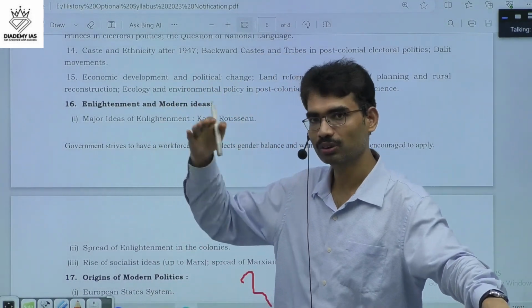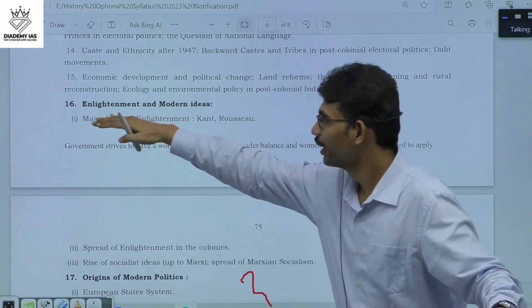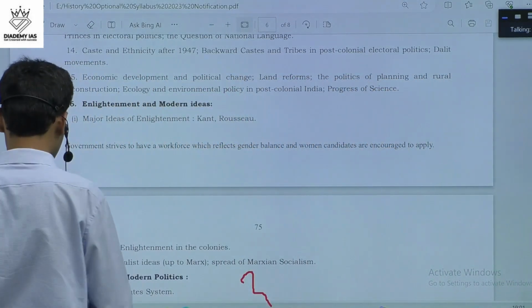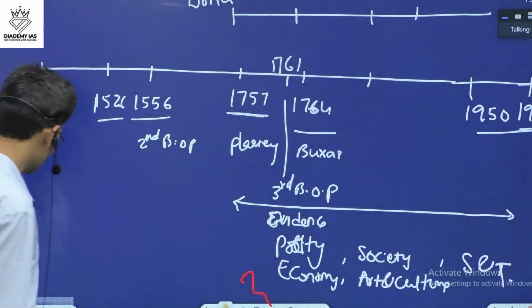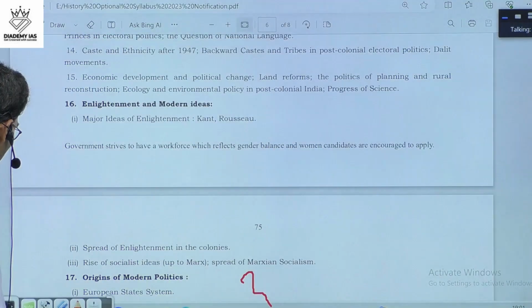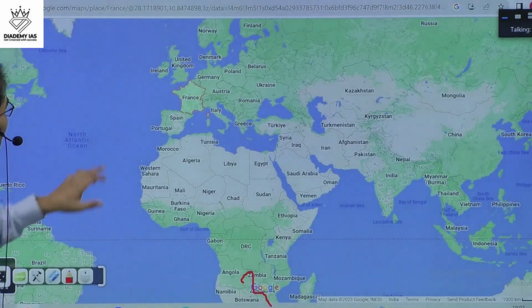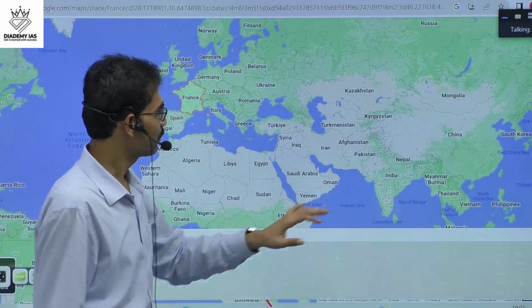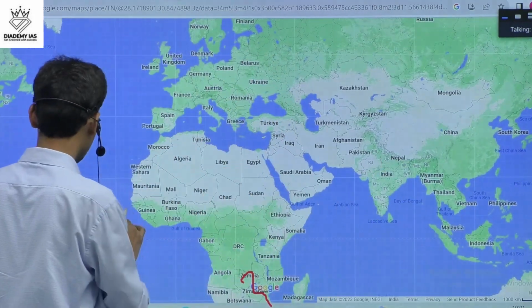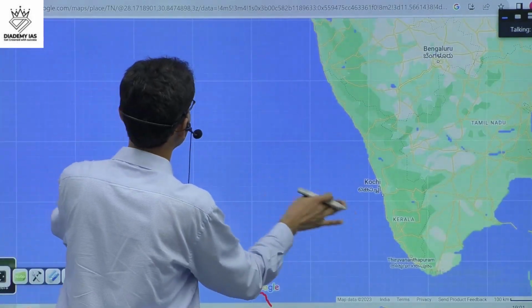When it comes to part B in paper 2, world level. Now only just same elements we are going to apply to this particular geography. Now you see, this particular geography, only we are going to talk about American Revolution.